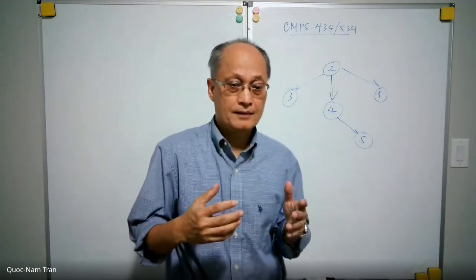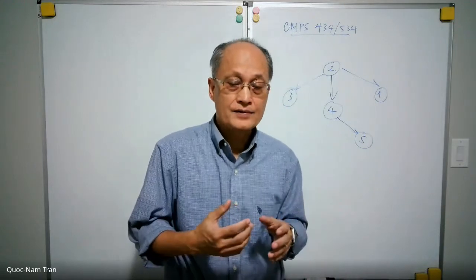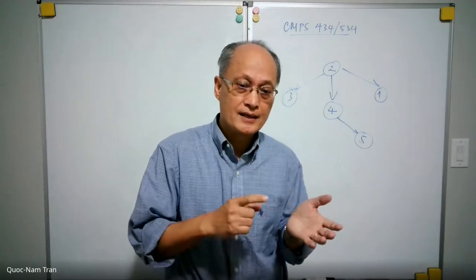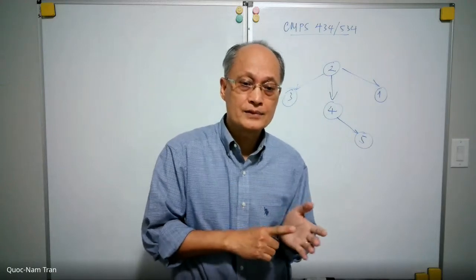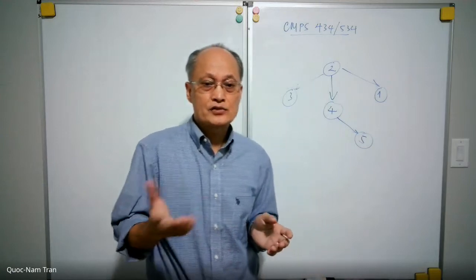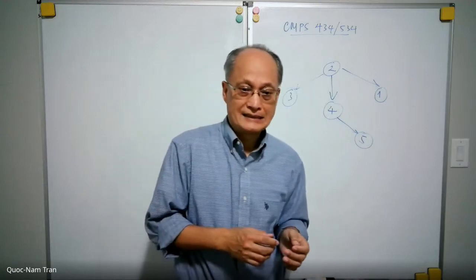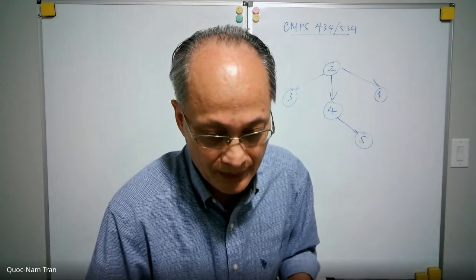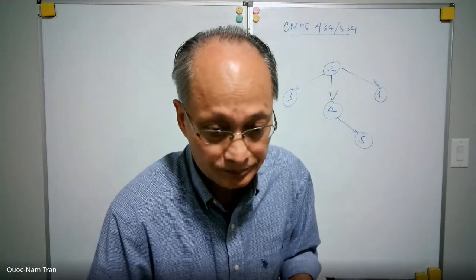Let me remind you of some facts, and also the data structures and the fundamental algorithms for graphs that you already learned in the data structure course, CMPS 390. Some of you may need to be reminded, so that's why I will remind you here.